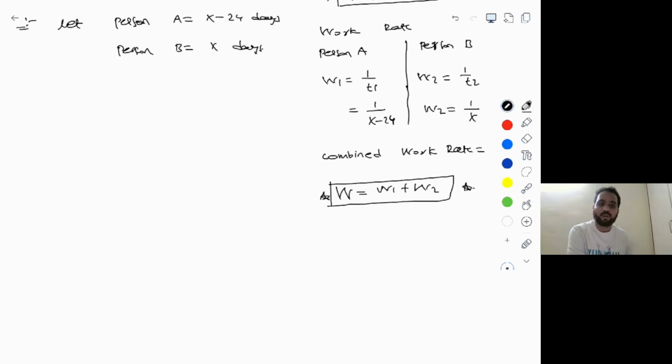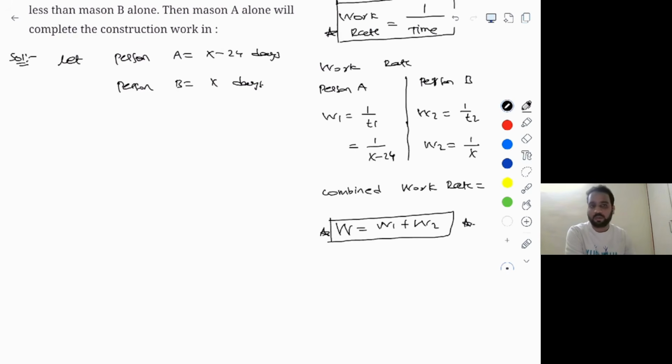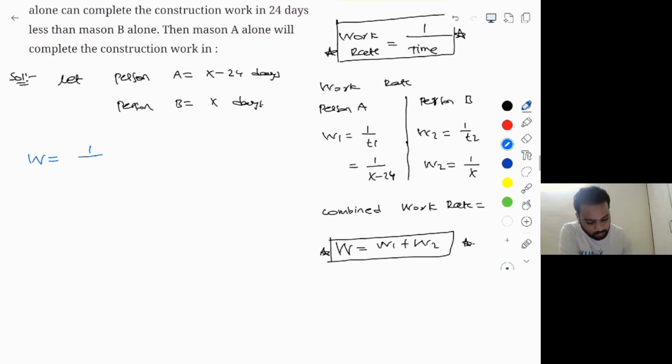Whenever two or more persons are doing the same job simultaneously, the combined work rate is equal to the sum of individual work rates. Now, by using that concept, I can find the combined work rate, that is W is 1 divided by x minus 24 plus 1 divided by x.